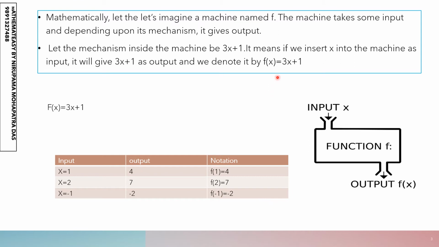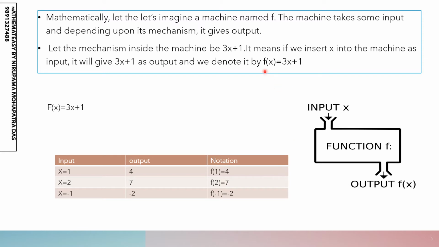So here what you can see, whenever we write f(x) = 3x + 1, x is the independent variable. Whatever value we take for x, whatever our input is, the output we get accordingly, and of course it depends upon the mechanism of the function, right?